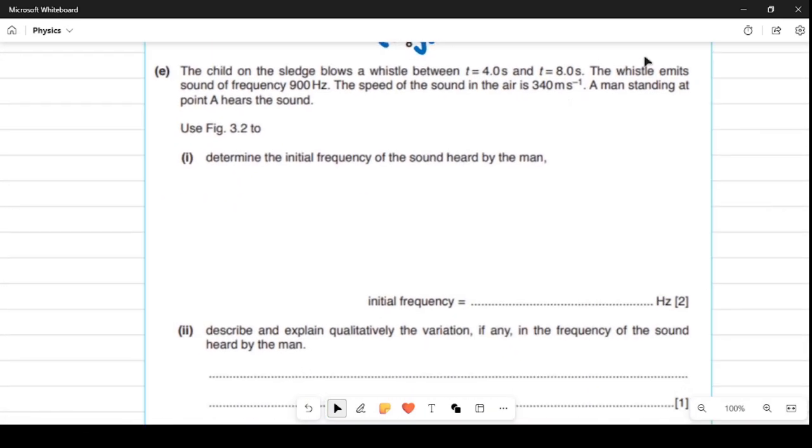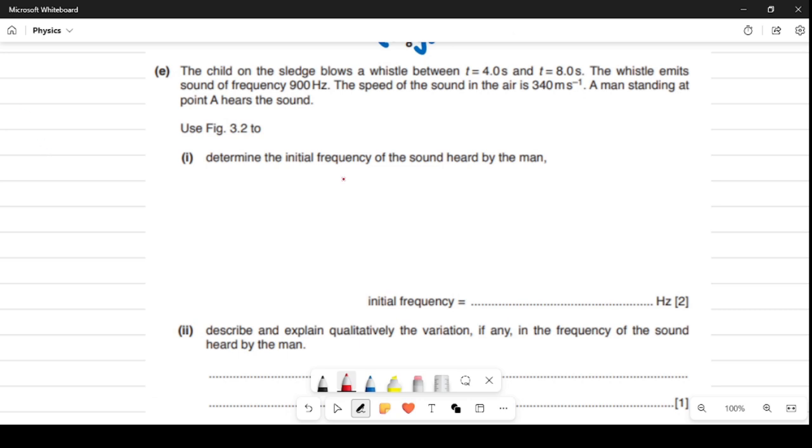The whistle emits sound of frequency 900 Hz. Here we go. First of all, we have frequency emitted at 900 Hz. Then the speed of sound in air is 340 meters per second.